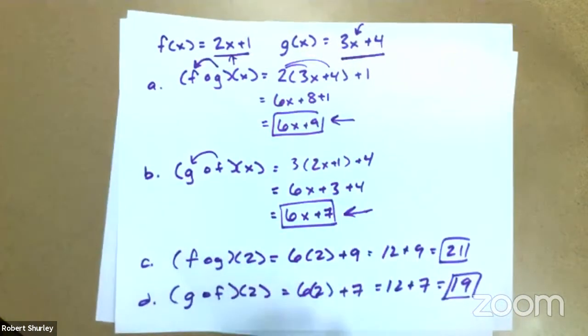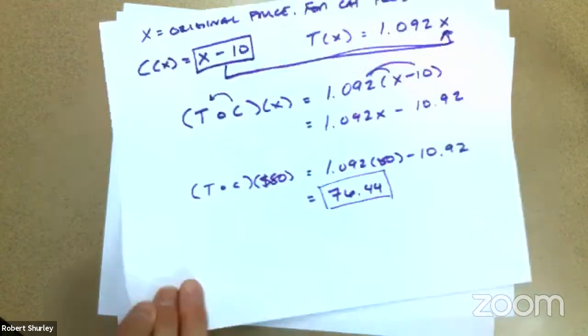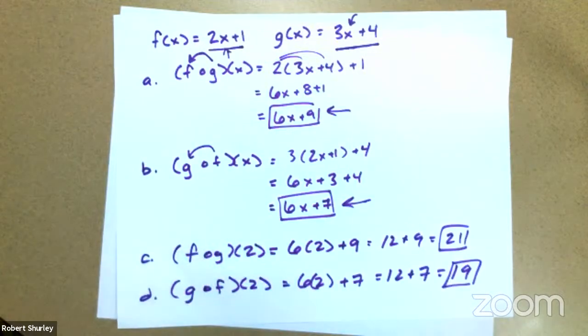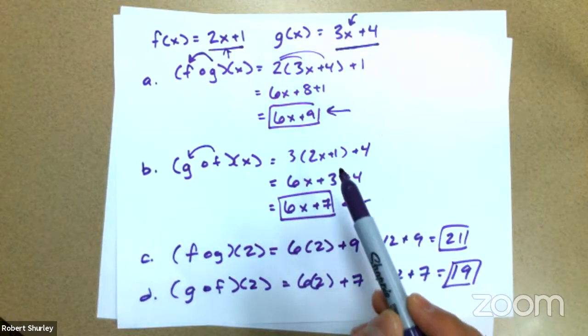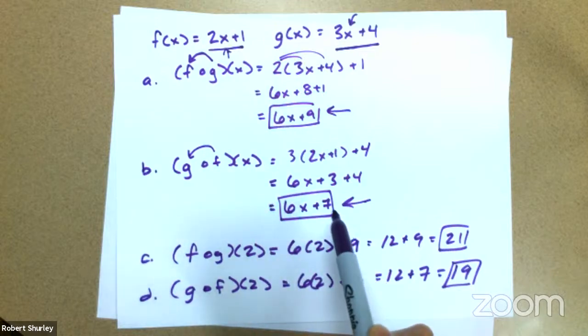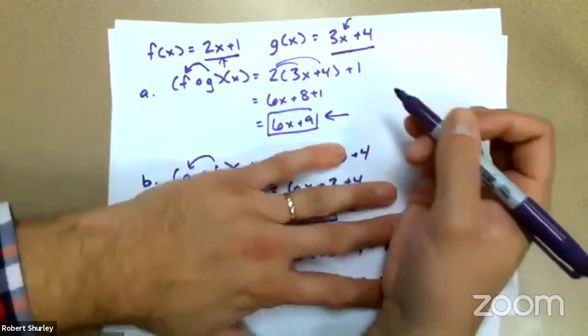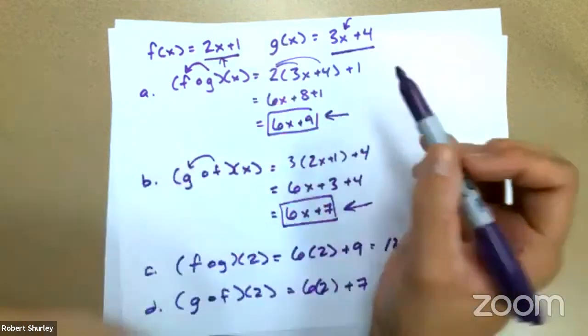I have a question about what we just did. Oh, I'm sorry, let me go back, Amanda. On the previous example with the cat food thing, I didn't realize we're supposed to split it up like that. The 2 is outside and then you add the +1 on the inside. So let's look at A real fast, and I'll go through it again. If I've got f composed of g of x, the order matters, right?